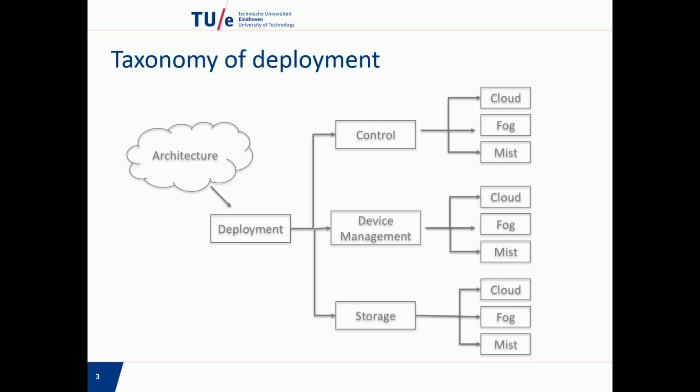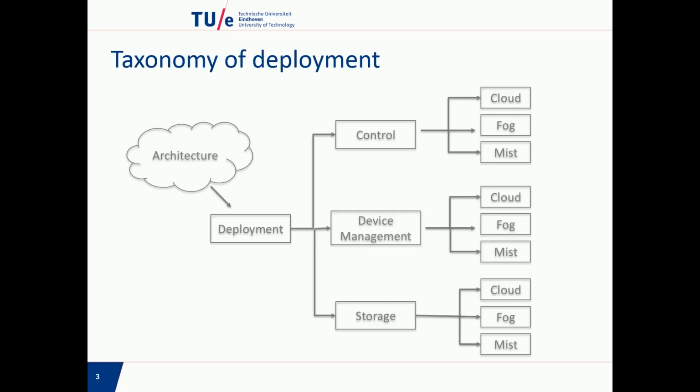the IoT system. According to the latest literature, the IoT architecture deployment mainly consists of three functional aspects. They are control deployment, device management deployment, and storage deployment. Each aspect of deployment can be classified into three approaches depending on where the function is placed.